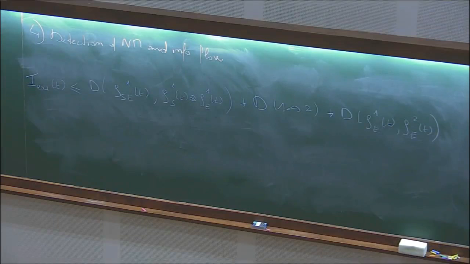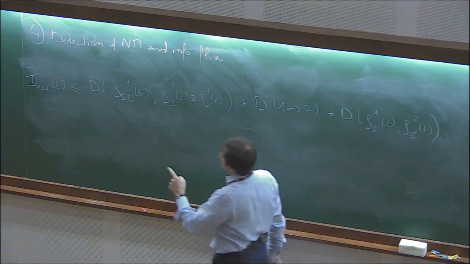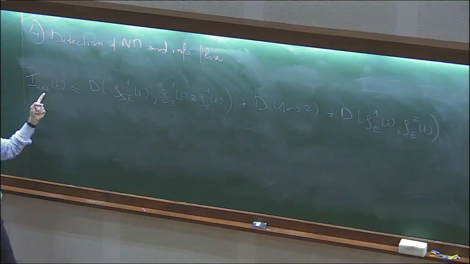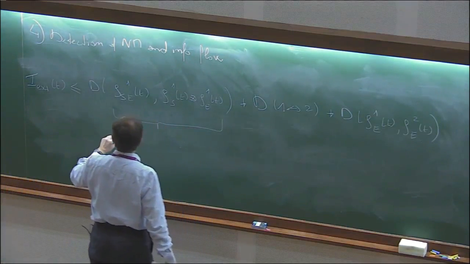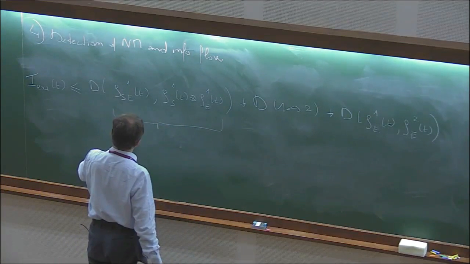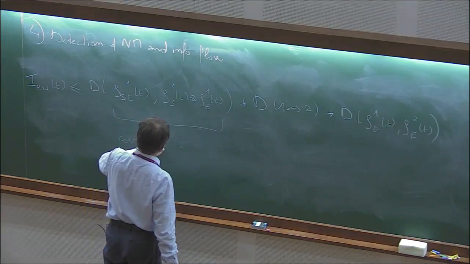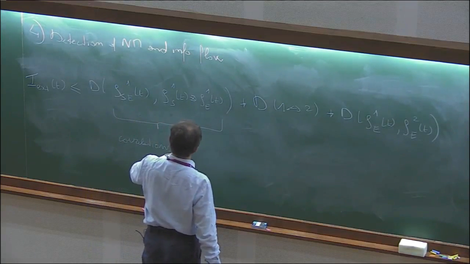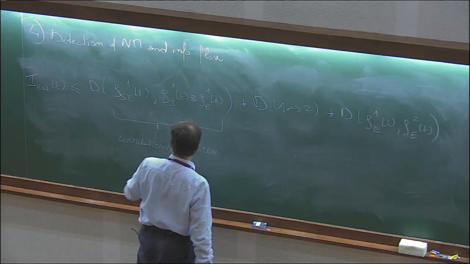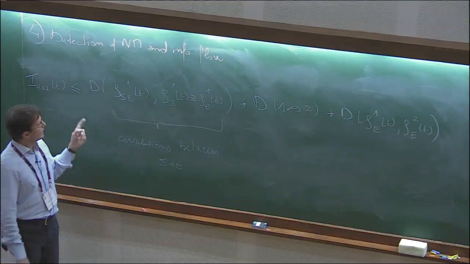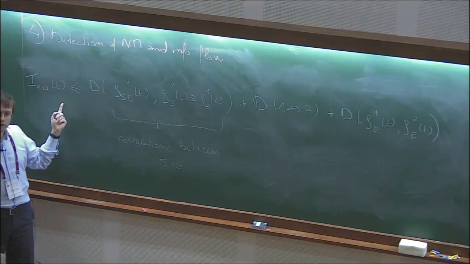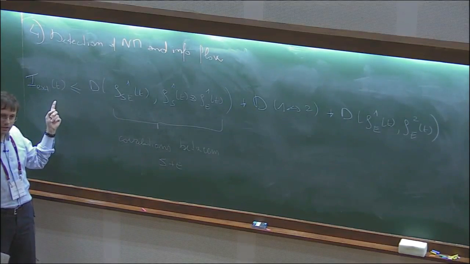So what is the statement? The amount of information which has been stored outside the system is bounded by a quantity which expresses correlations between system and environment. So it means that in order to store information, this quantity has to be greater than 0.